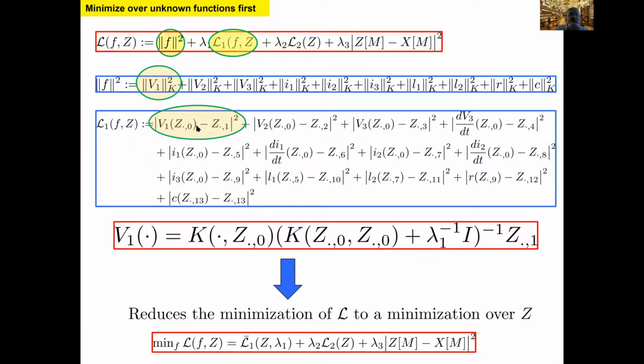Note that the overall loss is quadratic in v1, and minimizing v1 given the variable z is equivalent to solving a kernel ridge regression problem whose minimizer is given by the following formula. And if you do the same for all the unknown functions, then you reduce the previous optimization problem to one that depends only on z, and that you can minimize with variants of gradient descent or Gauss-Newton.